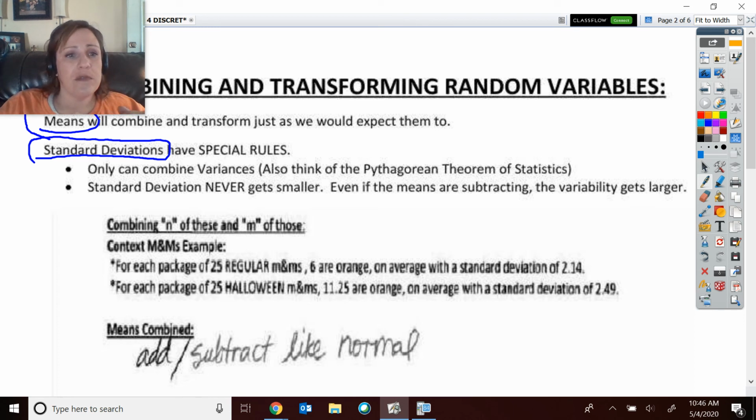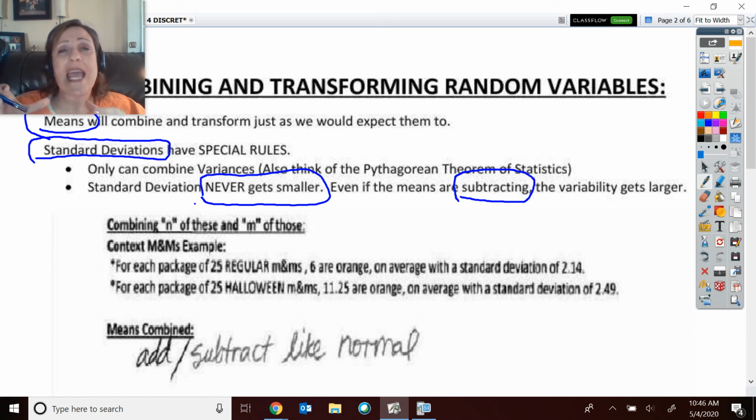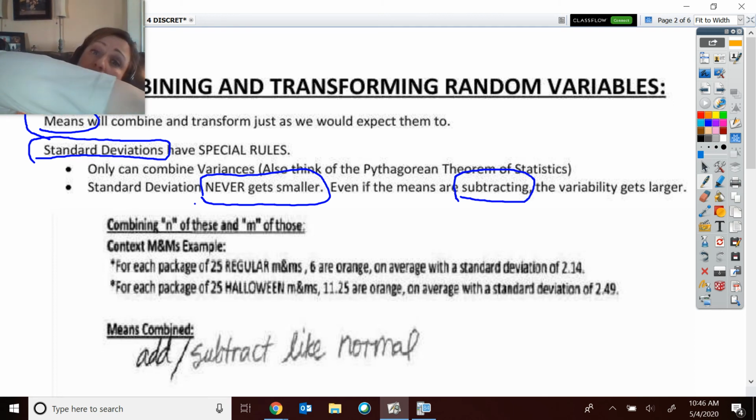Okay? Now, the other thing is that your standard deviation never gets smaller. Even if the means are subtracting, even if we're talking about how much cereal is left in the box. Well, I'm not sure what's in the box of cereal, how much weight exactly. Then I'm going to pour out a bowl.